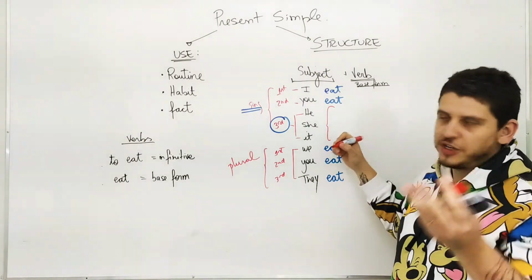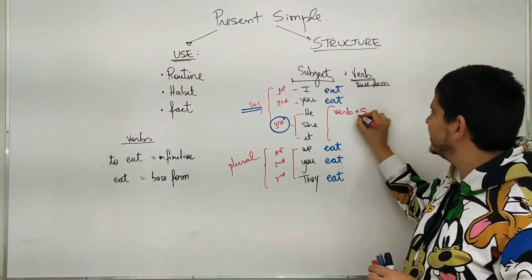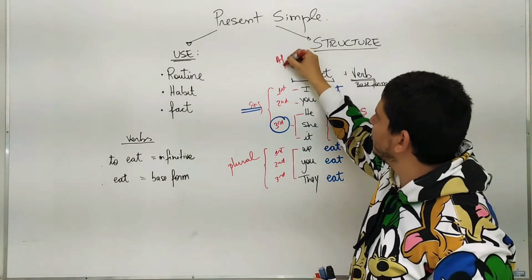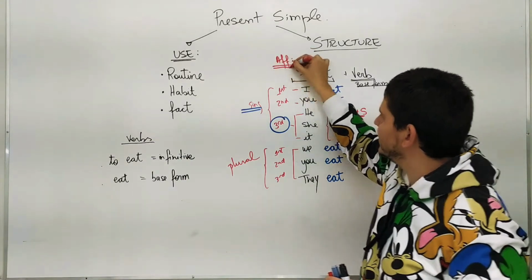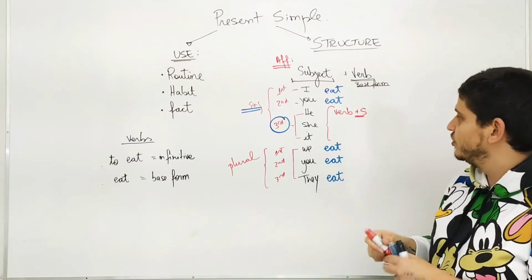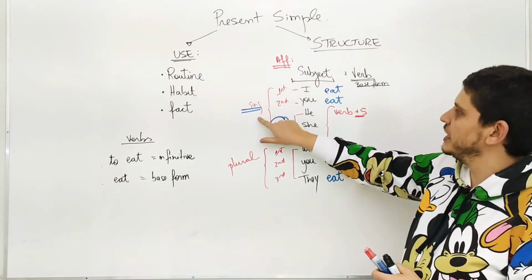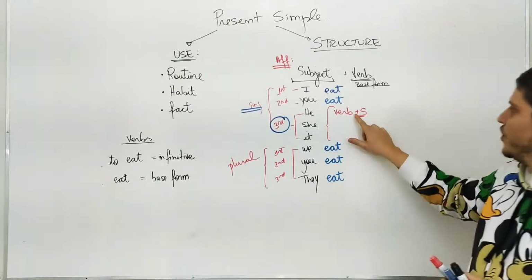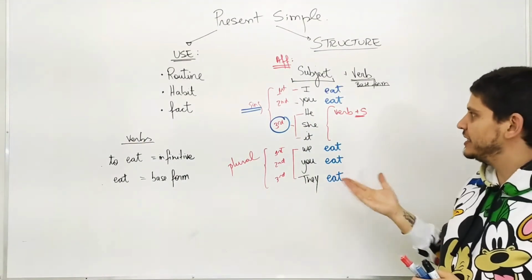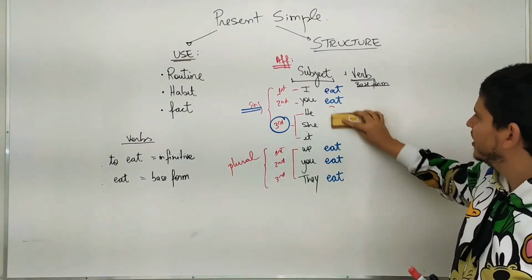If it's a normal verb, we get the verb and we add s to it. And of course, I am describing the affirmative sentence. I eat, you eat. The general rule says every time you have a third person singular in present simple, we add a letter s to the verb. In this case, we will have he eats.